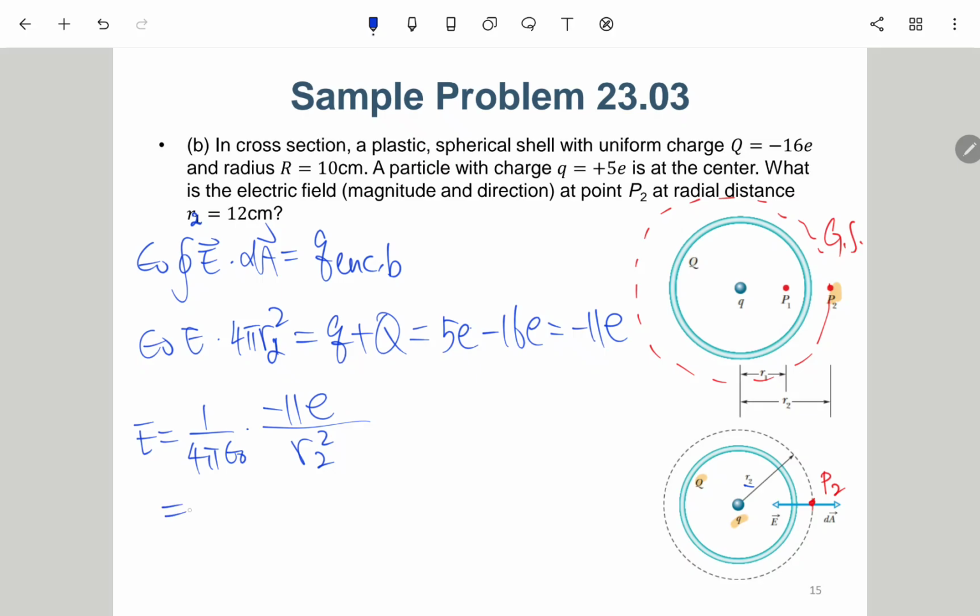Okay, so we can just plug in all the numbers: 8.99 times 10 to the 9th power, times negative 11, times 1.6 times 10 to minus 19, over, this is 12 cm, so 0.12 square.